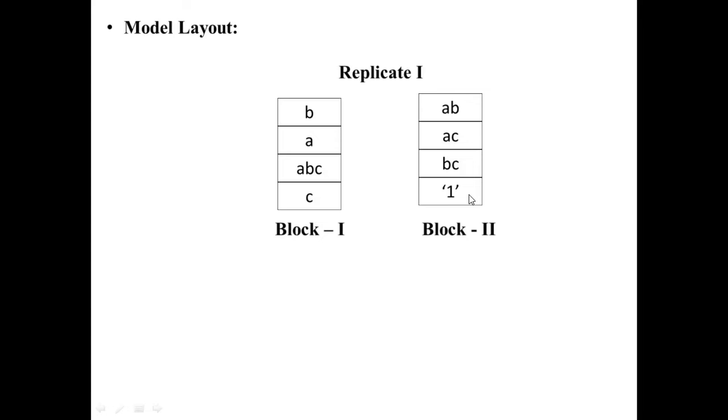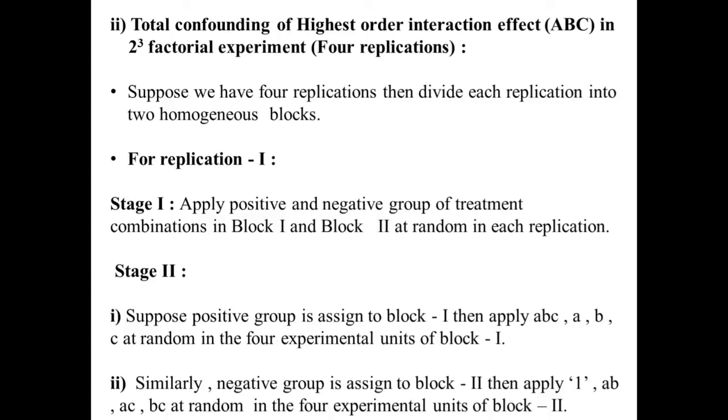Now we will discuss total confounding of the highest order interaction effect ABC in a 2^3 factorial experiment when we consider 4 replications. Suppose we have 4 replications, then we divide each replication into 2 homogeneous blocks.